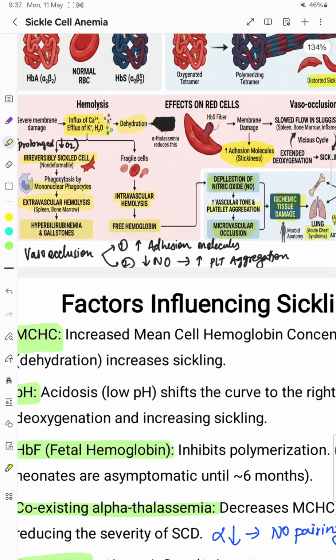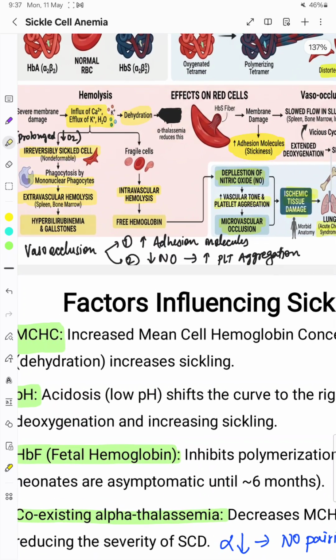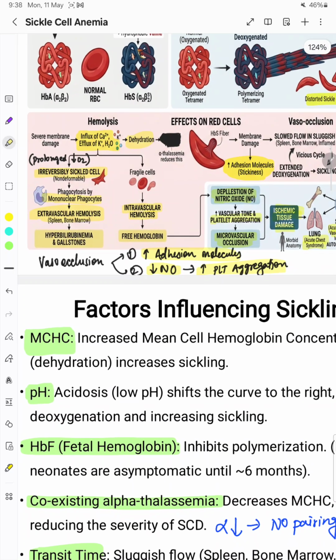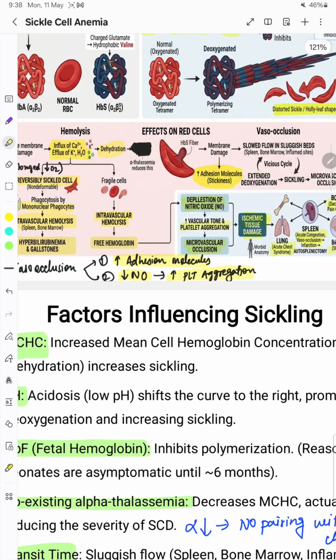So the mechanism behind vaso-occlusion in sickle cell anemia or sickle cell disease is that sickle cells express increased adhesion molecules, and they decrease nitric oxide due to free hemoglobin, which causes increased platelet aggregation. Both of these mechanisms play an important role in development of vaso-occlusive crisis.